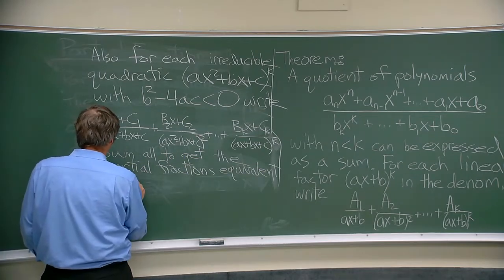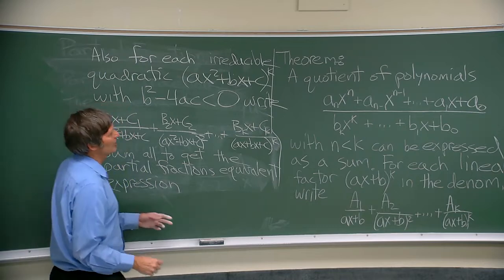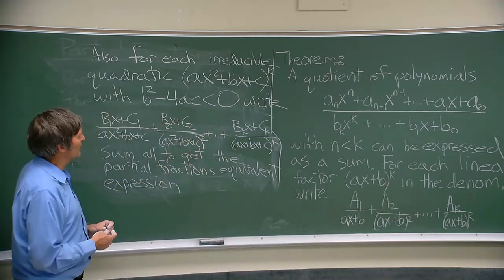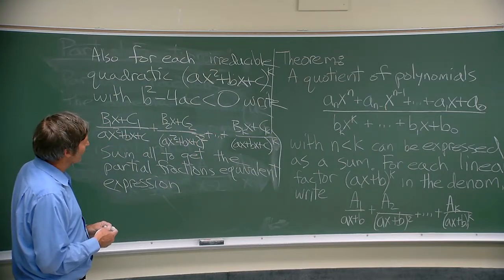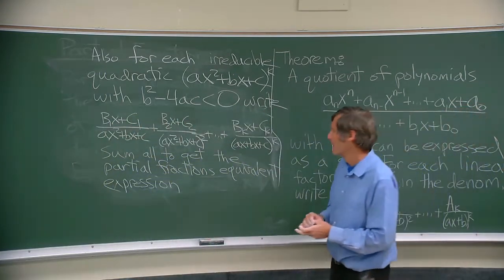You always get something you can integrate. So that's the technique for today, is to take any quotient of polynomials where the degree of the top is lower and rewrite it in a way you can integrate it by just using an algebra technique to get there.